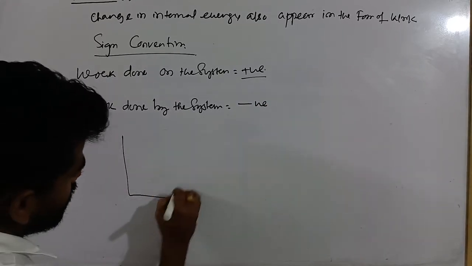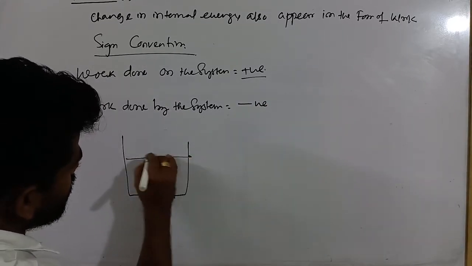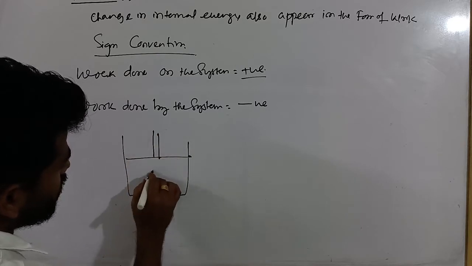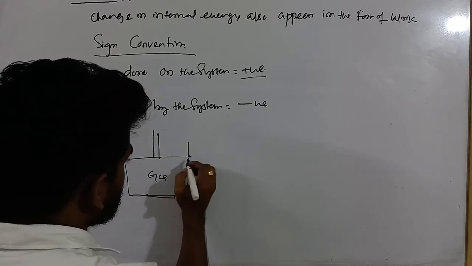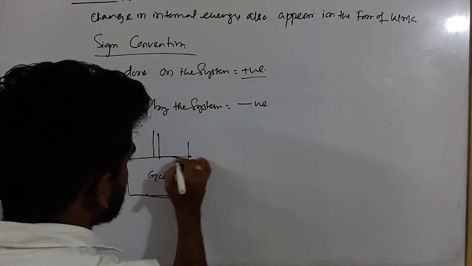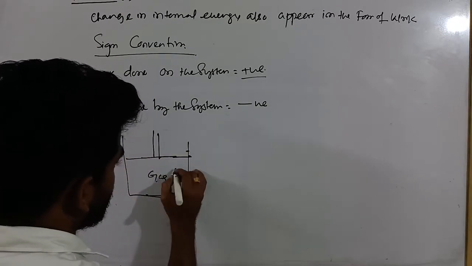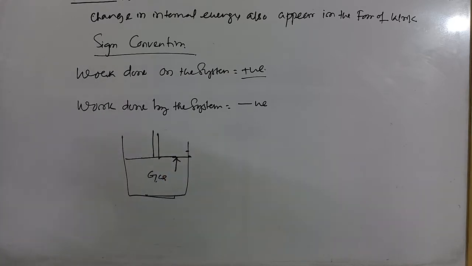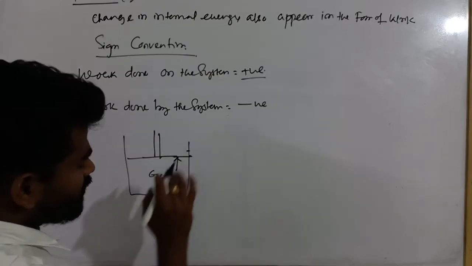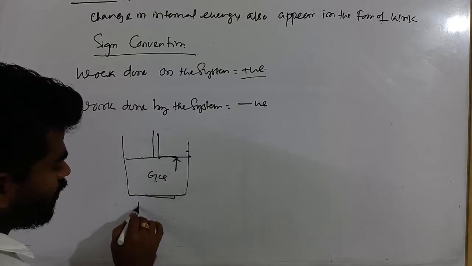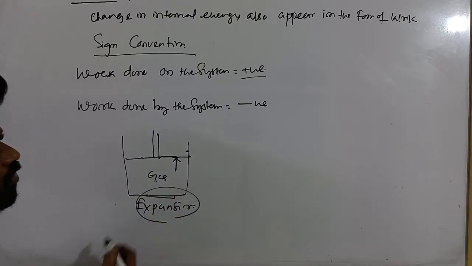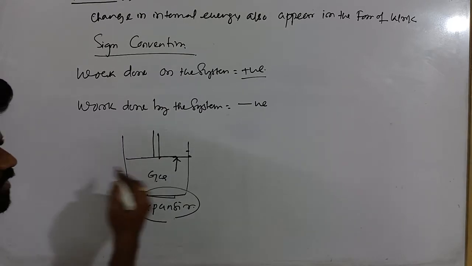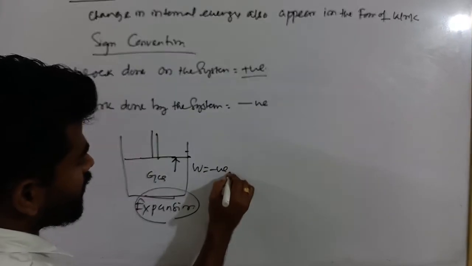Suppose here there is a system, a piston is fitted to this cylinder and gas is taken in the container. Suppose this piston is lifted upwards by increasing the gas pressure or by increasing the gas volume. So increase in volume, that is called expansion. So here work is done by the system, so W is negative.